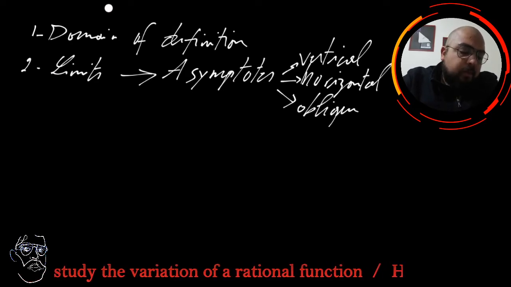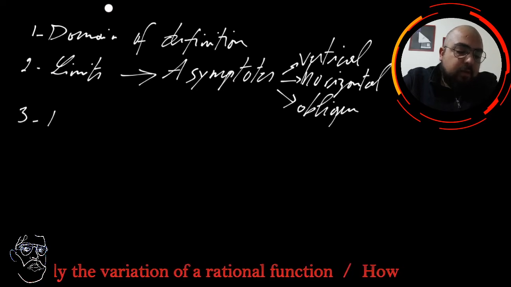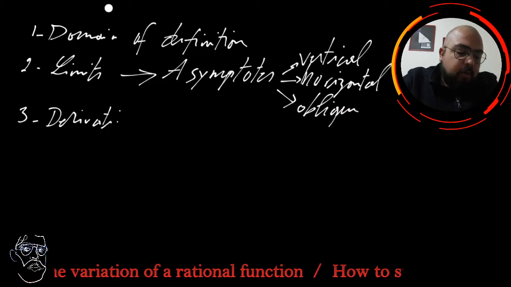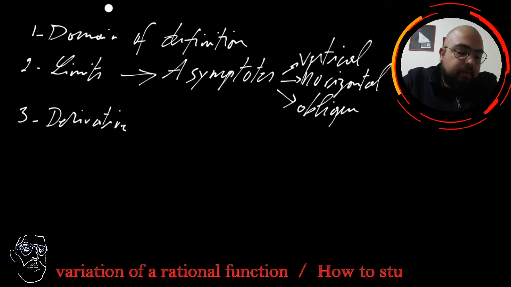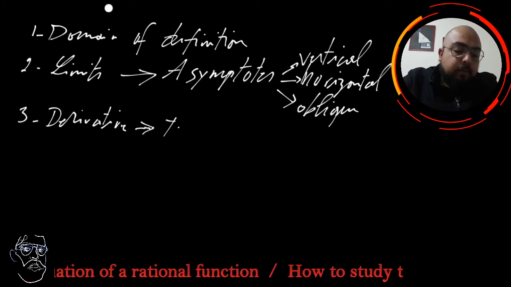So after calculating the limits, you will have to go through the derivative. After calculating the derivative, you will have to do the table of variation.